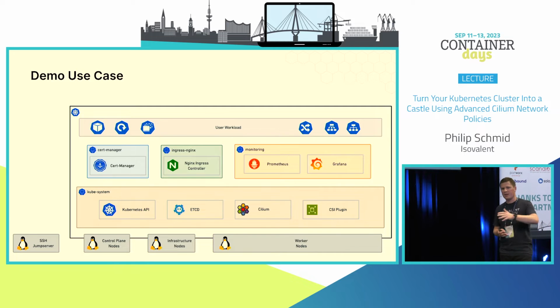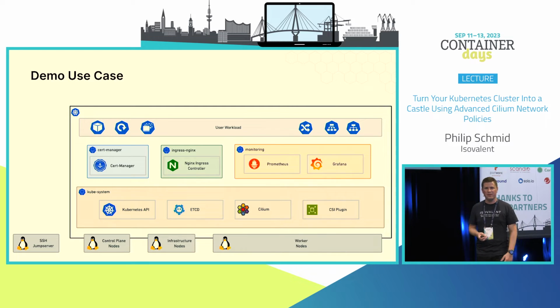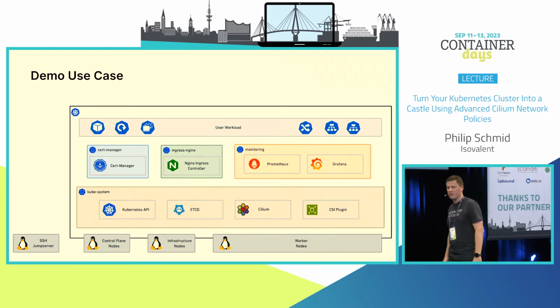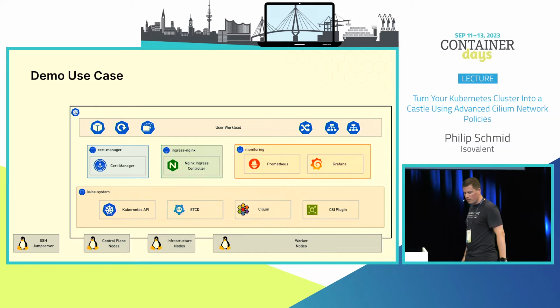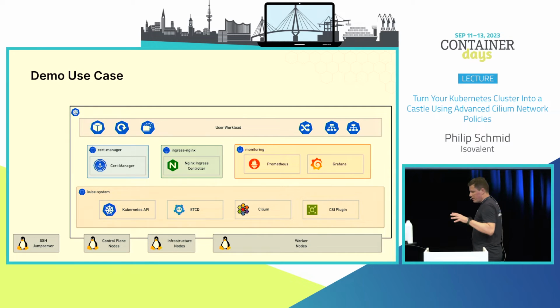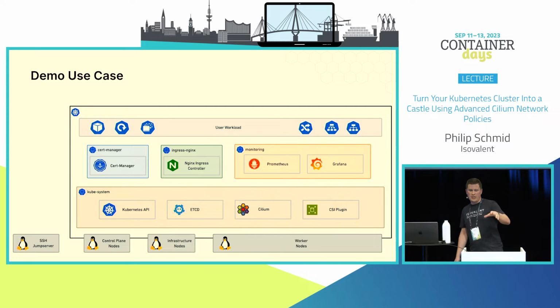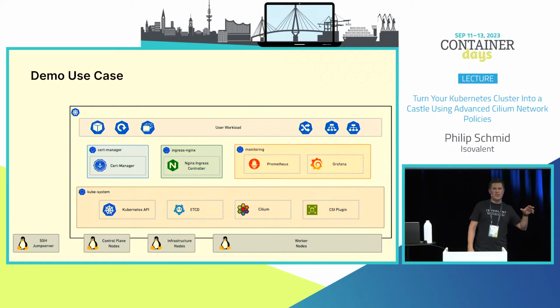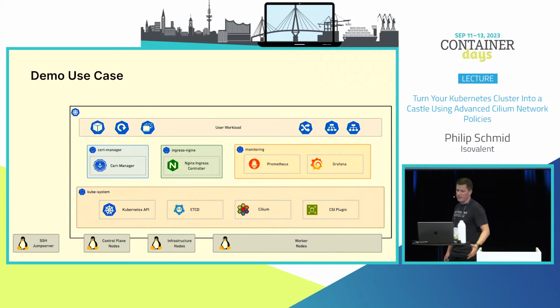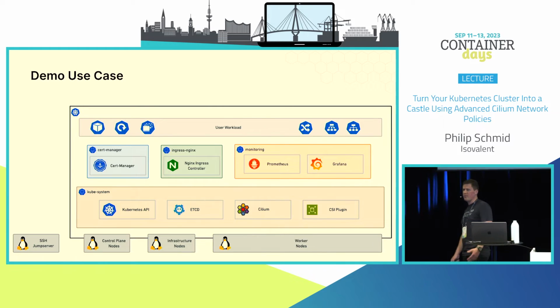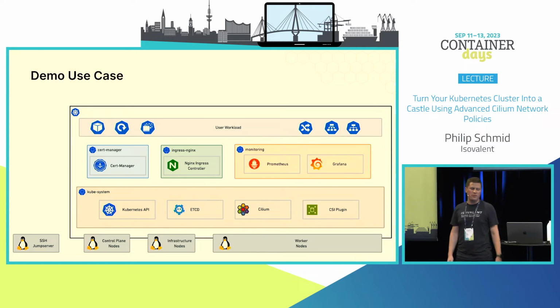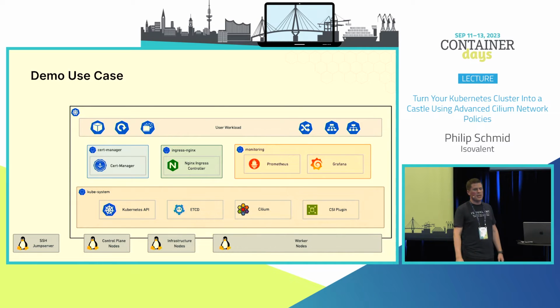So I would say probably 95% of you are running at least one of those components as well. One small specialty about this architecture might be that I also use dedicated infra nodes. However, you can also just ignore them and run your infrastructure components on top of your regular worker nodes.